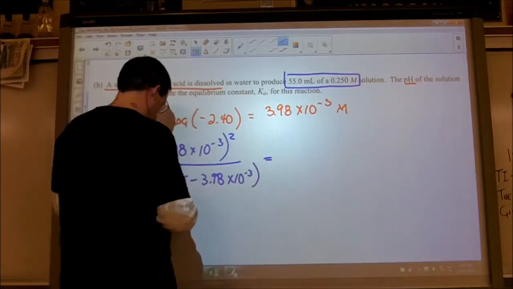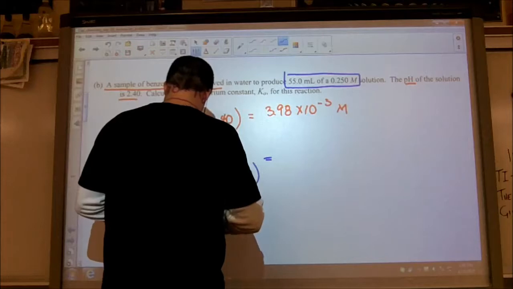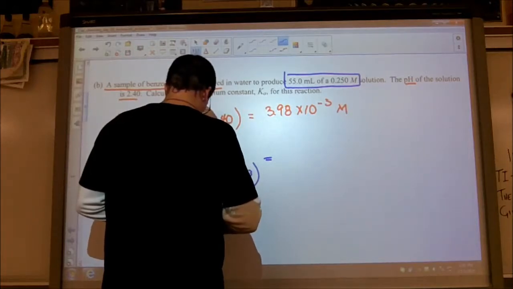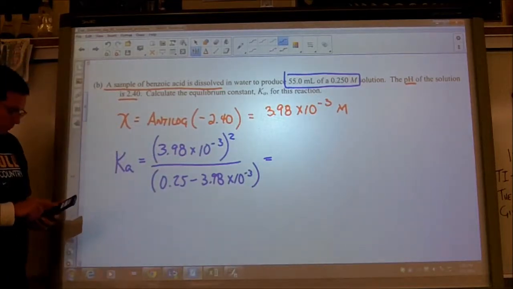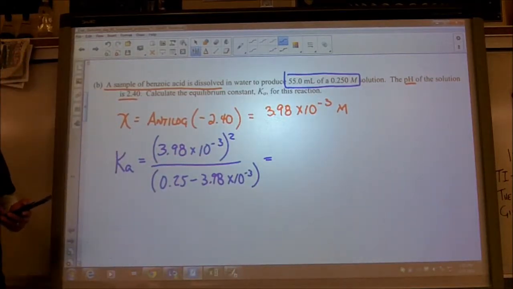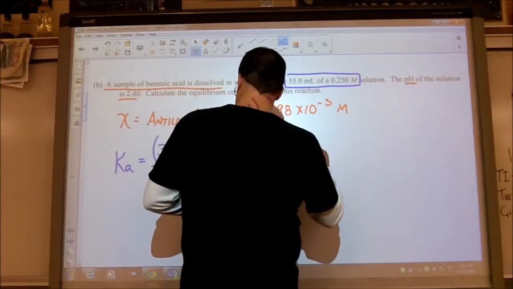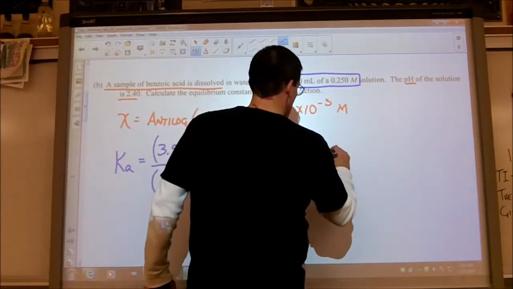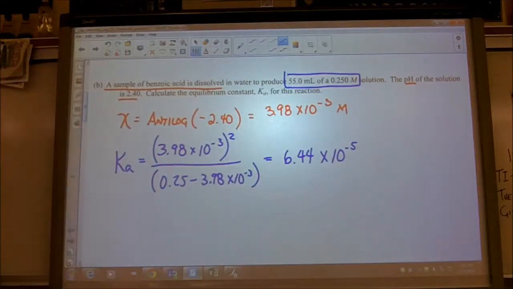Can we use 5% for this? Don't even think about it. So anybody get like 6.44 times 10 to the negative 5? Timmy's on his A game. Nothing new, nothing difficult there.